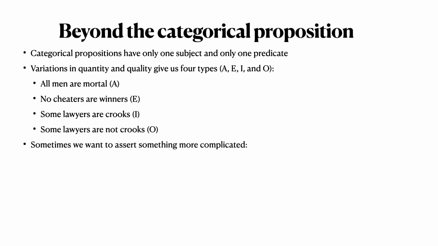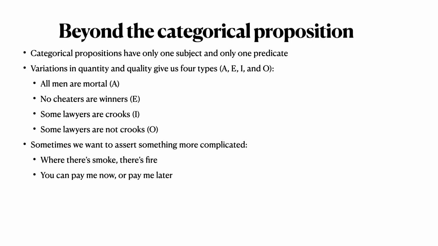Now sometimes A, E, I, and O don't really do the job very well in describing what we want to describe. Sometimes we want to say something that's more complicated. And certainly A, E, I, and O do not exhaust the number of statements that we want to make about the world. Sometimes we might want to say something like, where there's smoke, there's fire.